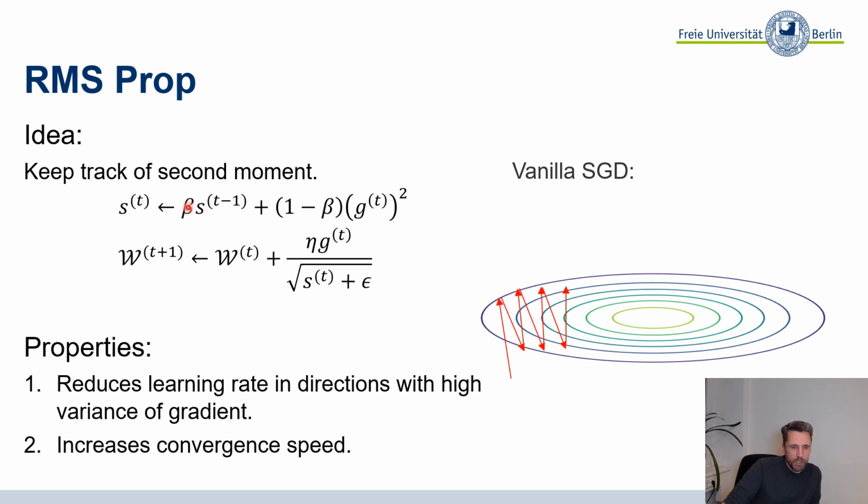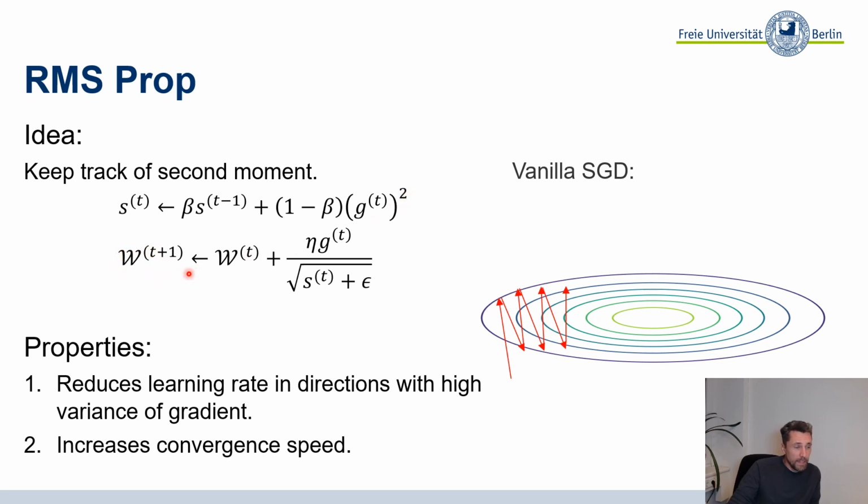So beta, for example, could be 0.9, so 90% history plus 10% current gradient magnitudes, let's say. Yeah. So here, really, we do not care about the sign, in which direction a parameter or the gradient points. We just care about the magnitude. Yeah, using the square here.